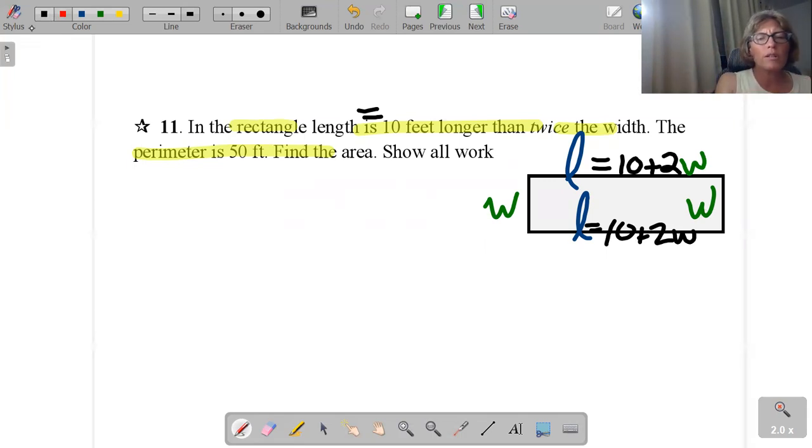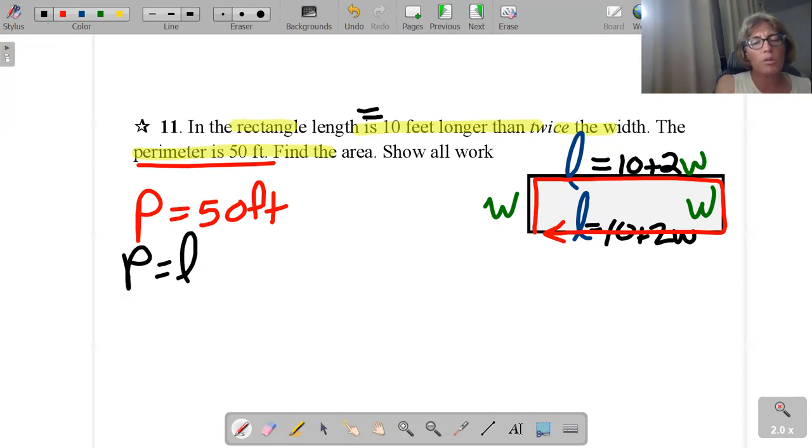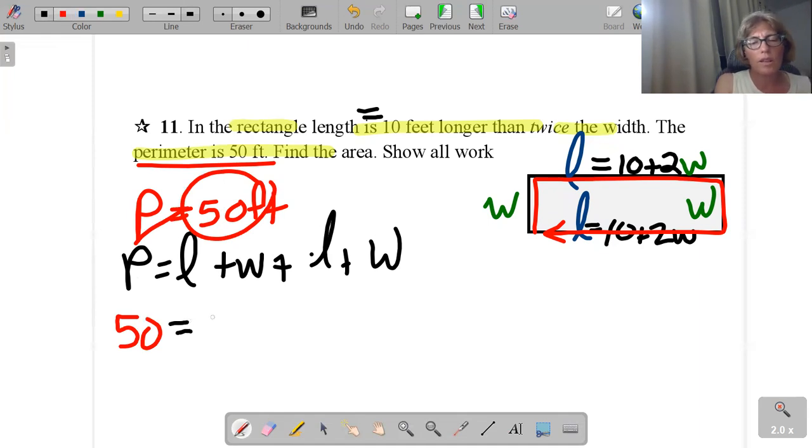We are given the perimeter, which is 50 feet. If you walk it around, that's 50 feet. So perimeter equals length plus width plus length plus width. Circle, plug, chug, 50 goes there. Our length is 10 feet longer than twice the width.